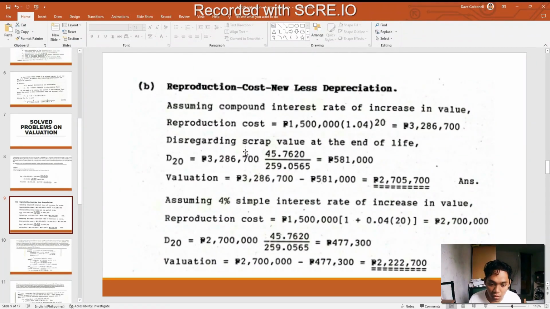Then minus 477,300 pesos, which is the amount obtained by plugging into the formula including the 4% interest rate, which now equates to the answer, 2,222,700 pesos.